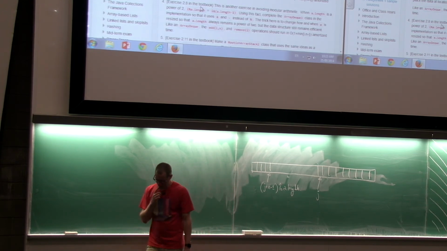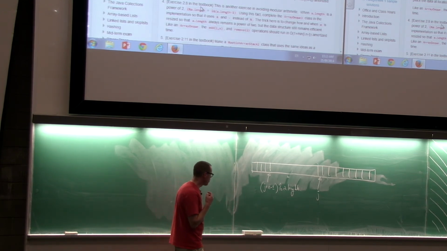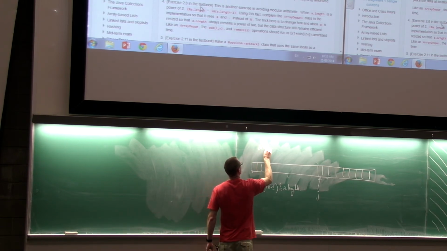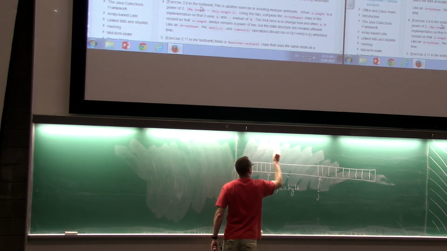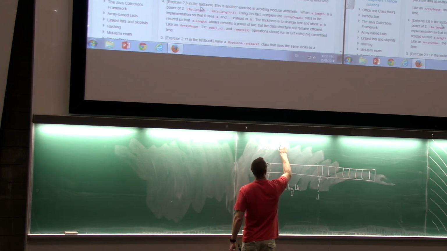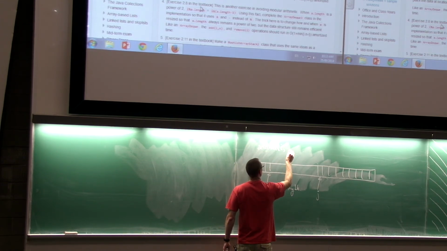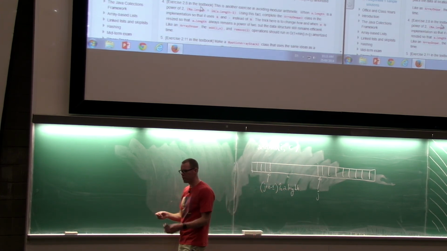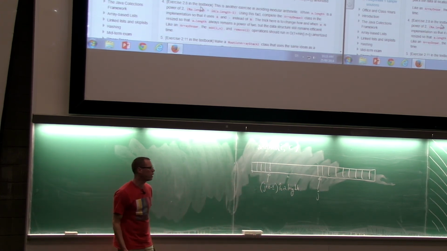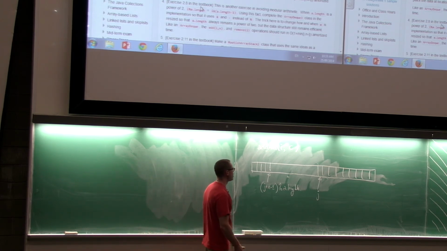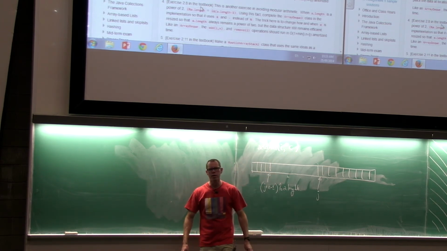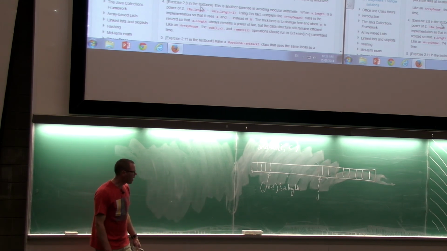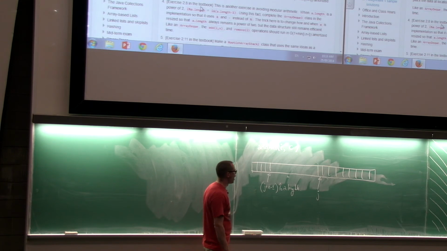And now I want you to implement a method called addAll. It says, starting at position i in the list, add all the elements in some collection c. So c is another collection. It could be a list, it could be a set, it could be anything. Like c, you can use for loops to iterate over the elements in c, and add those at position i.